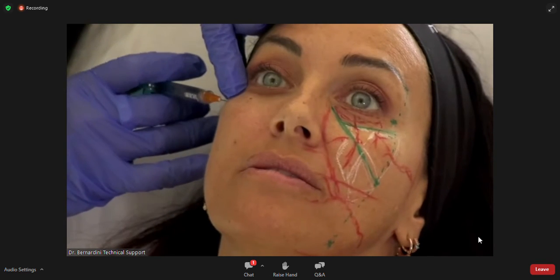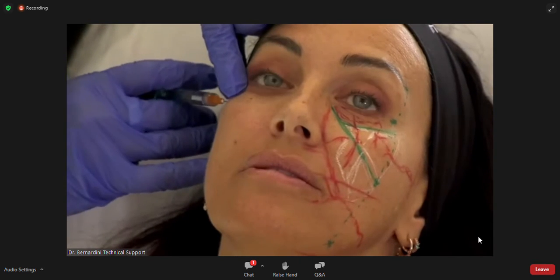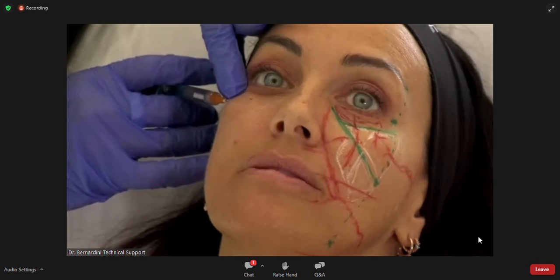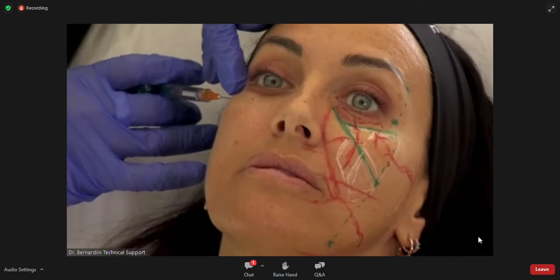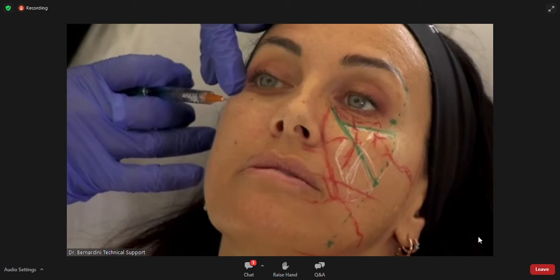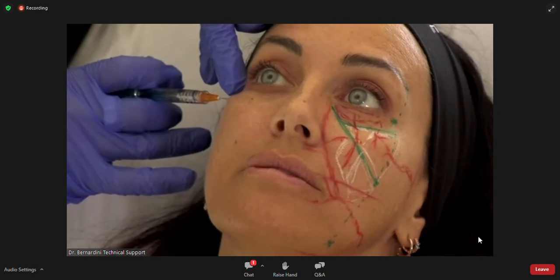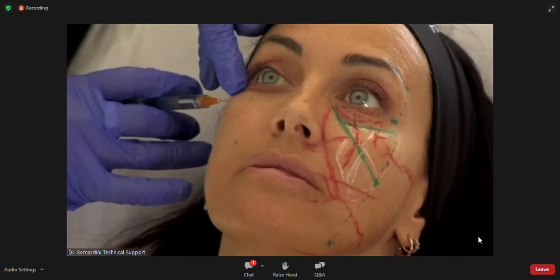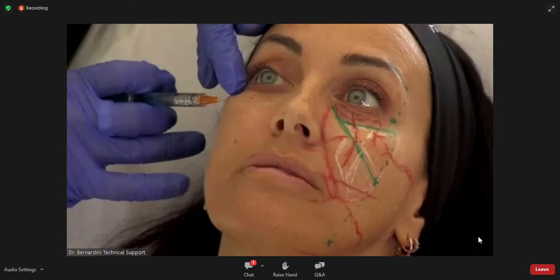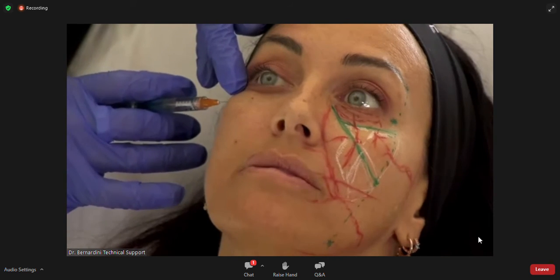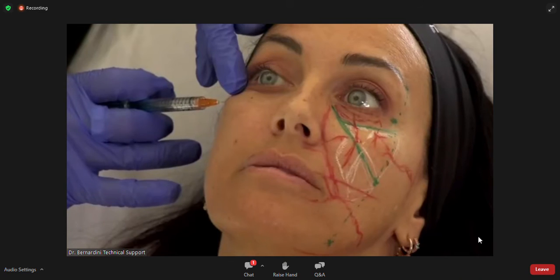Okay, so now you see me here in the center, a small aliquot there, and from now on I will be going medial and addressing the tear trough by releasing a small quantity of product as I retract my cannula.